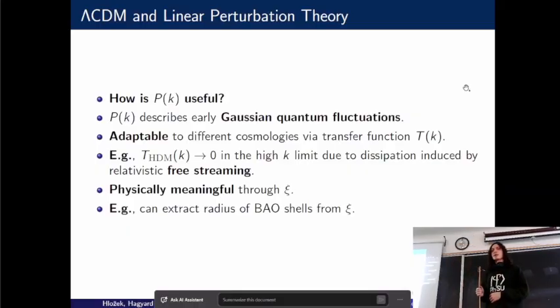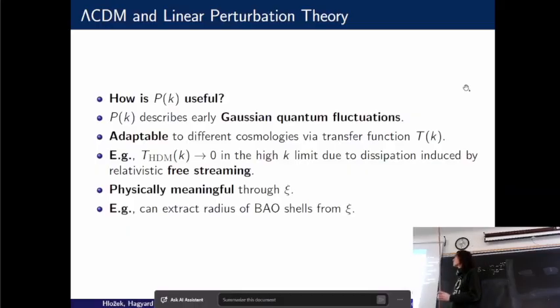But the power spectrum is useful because early on, as I mentioned, it describes the Gaussian quantum fluctuations that gave way to these energy fluctuations that I'm describing. What's more is that, as we saw in a previous block, I'll go back to illustrate this, the power spectrum is highly adaptable to different cosmologies if you implement what's known as a transfer function.